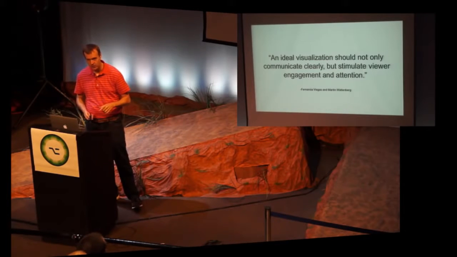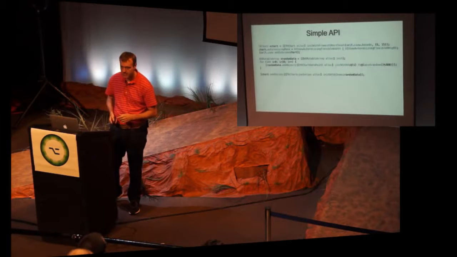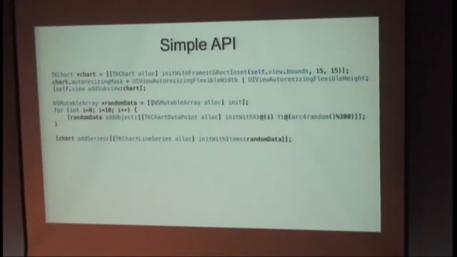From there, we obviously started looking at a simple API. This is an example in maybe a viewDidLoad event. You could see we had just our TKChart, and we were just newing that up using an autoresizing mask. Then to self.view, we were adding the subview of the chart.